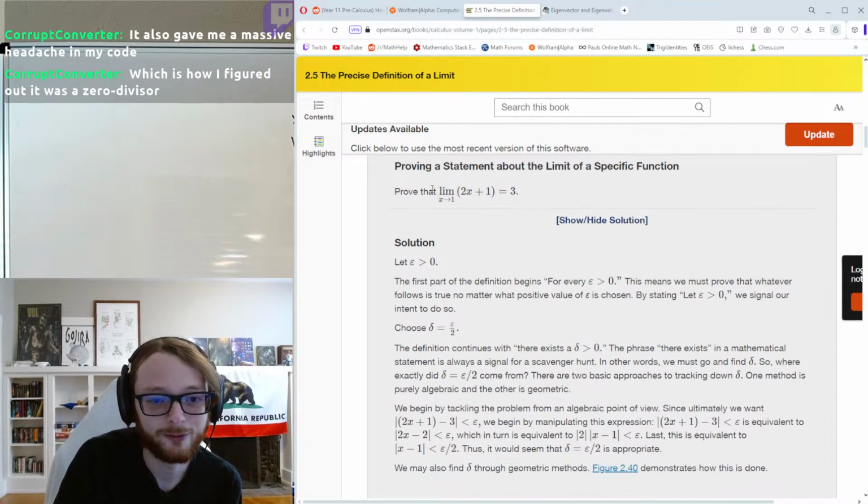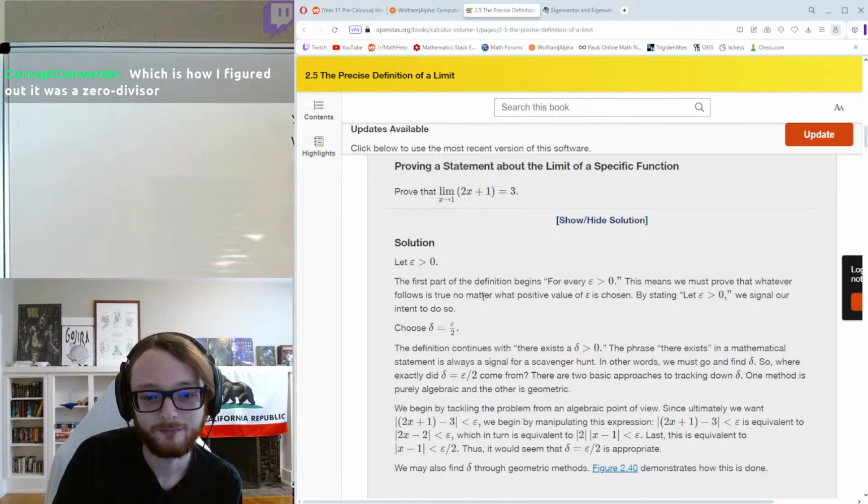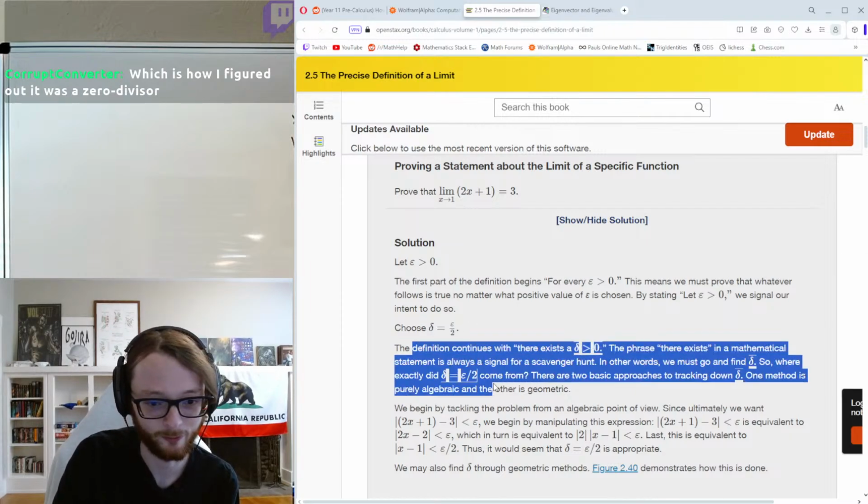So this is the solution as they worked it out. Oh, okay. I thought they were just gonna do the book thing where they just say choose delta equals epsilon over 2 and not explain it, but they do explain it.